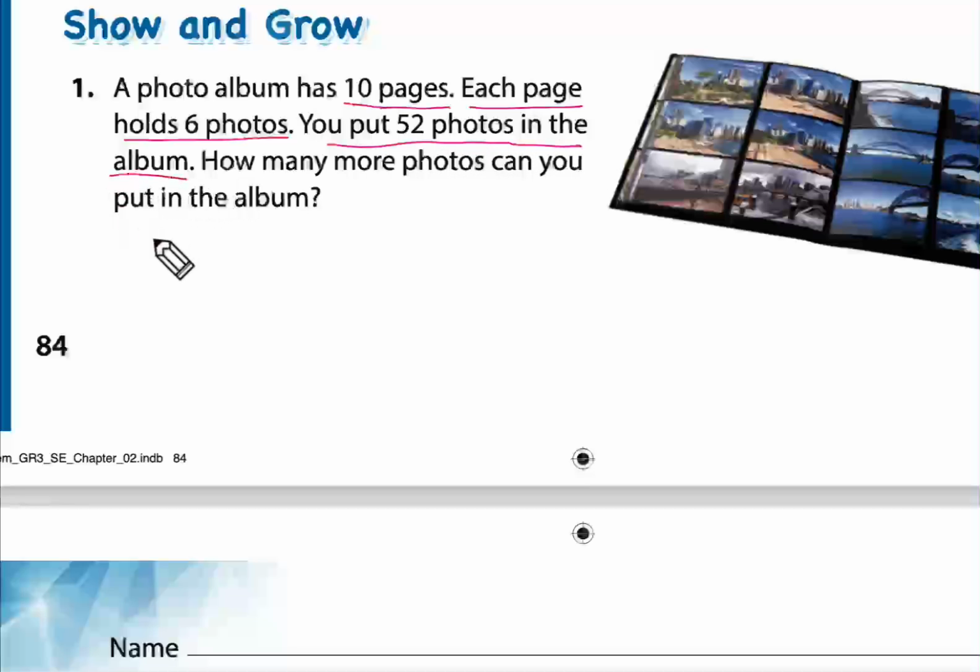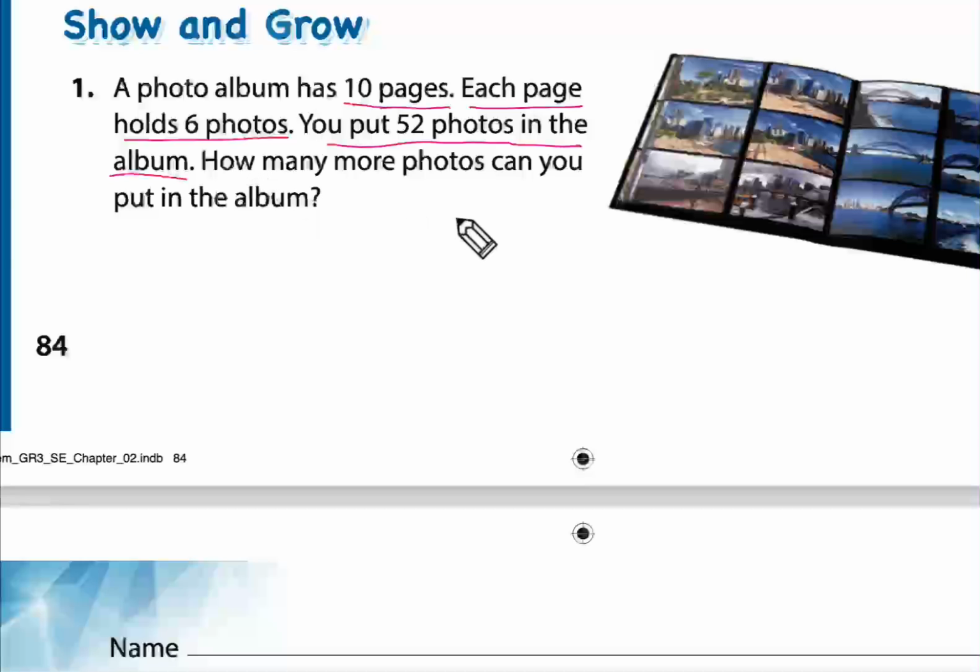That's what we have. So what we have, 10 pages in all, and each page holds 6 photos. And we know also that you put 52 photos in the album.